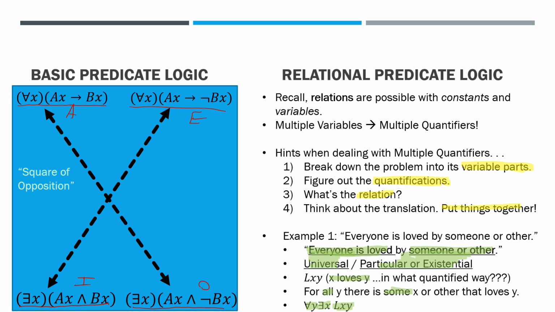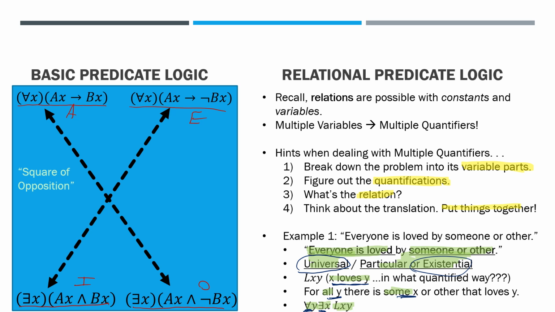Notice that on the one hand you have that universal quantifier, on the other hand you have this existential quantifier. The relation is X loves Y. Notice the order, X loves Y. It doesn't say Y loves X. And now we have this for all Y that is being loved by some X. X is doing the loving and Y is being loved.